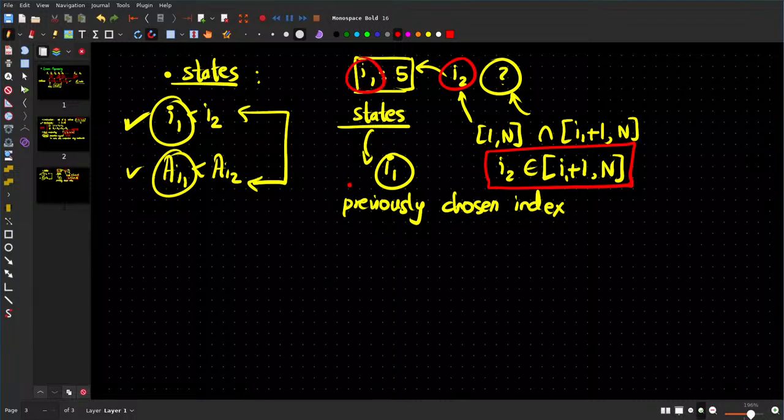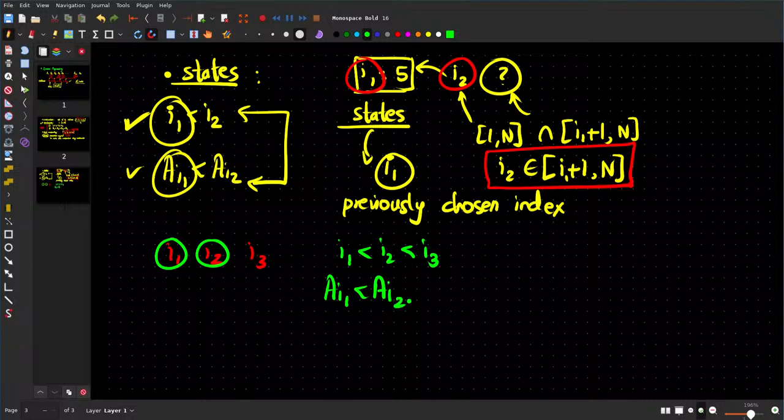Now notice that we don't necessarily need to store everything. We have given some value for I1, I2, and now we need to give some values for I3. Now if you say that we need to store both of these in the state, then that would be wrong, because the only constraint that I3 needs to follow is that it is increasing in terms of indexes and increasing in terms of those values.